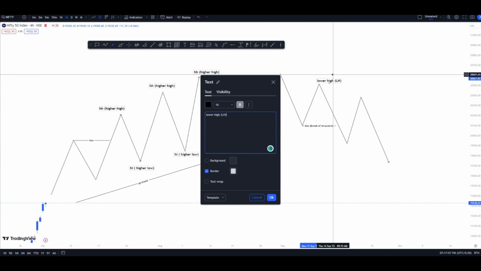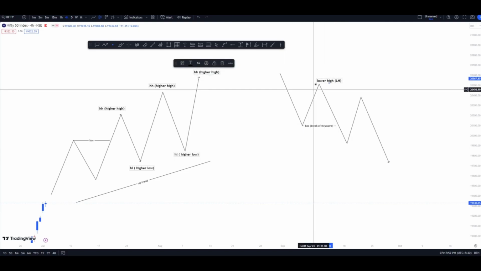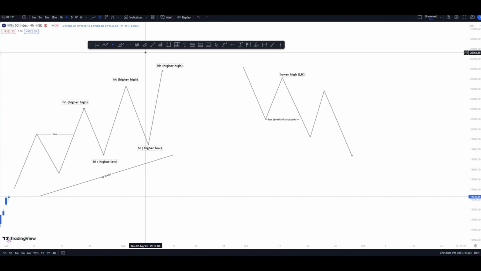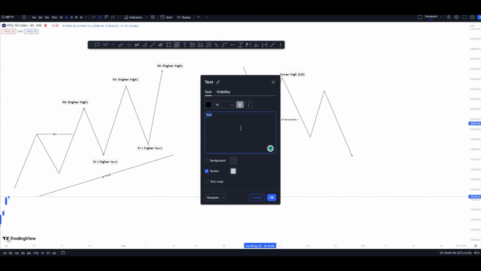This high is lower than the previous high, so it will be called a lower high, or LH. And this is my lower low, or LL.